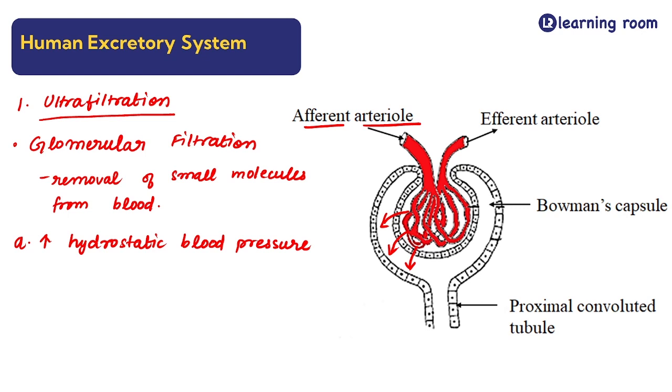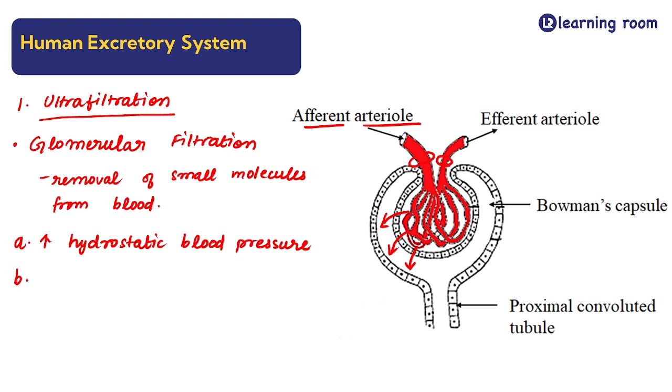The afferent arteriole, which is bringing blood into the glomerulus, has a wider diameter than the efferent arteriole, which carries the blood away, as you can see clearly in this diagram. Because of this, there is a pressure gradient that is created in the glomerulus, and this is the main pushing force required for the filtration process.